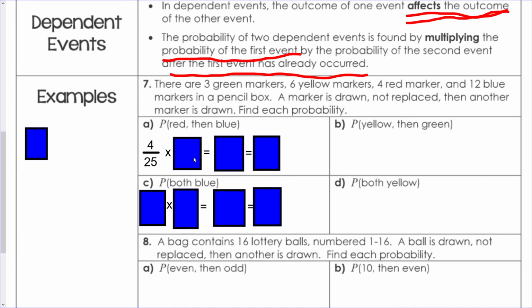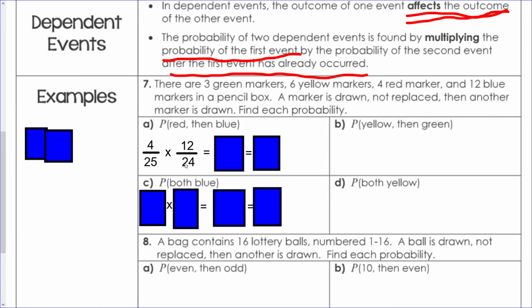Now, the probability of blue, though, is altered slightly because now there's 1 less marker in the box. So there are 12 blue markers, but now your denominator is only 24 because you already took out a marker.